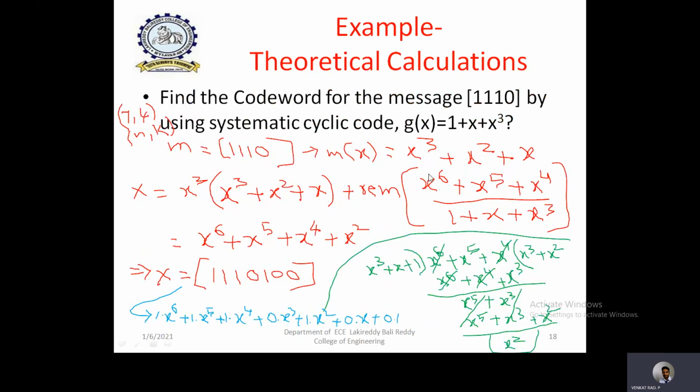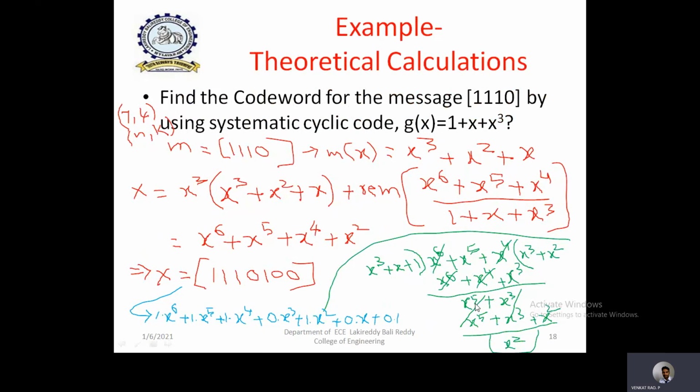So we need to find the remainder of this division. Find the remainder of the division separately like this. So this one is divided by this, x power 3 plus x power 2 plus 1. This is the multiplication. When you multiply, x cube is multiplied with x cube, x power 6, x cube is multiplied with x square, x power 5, x cube divided by, sorry.